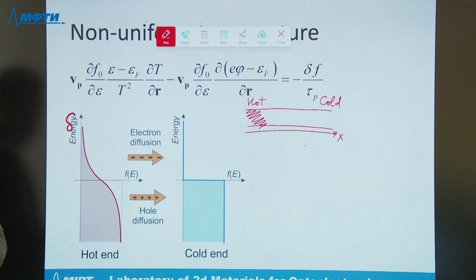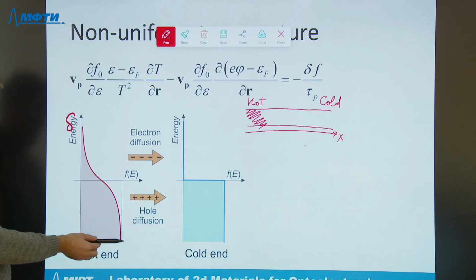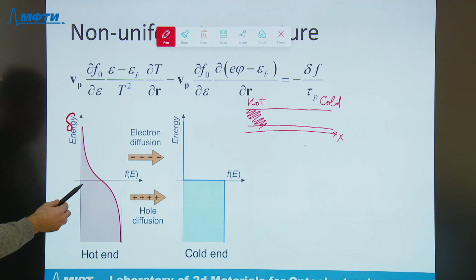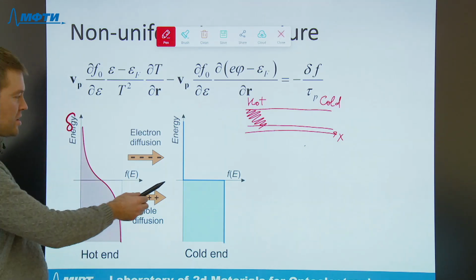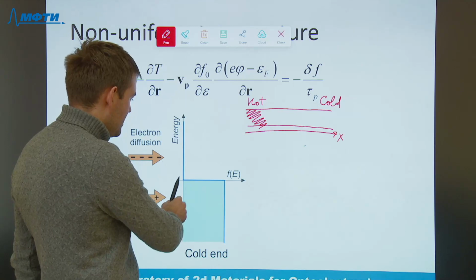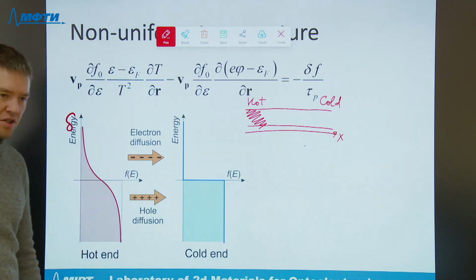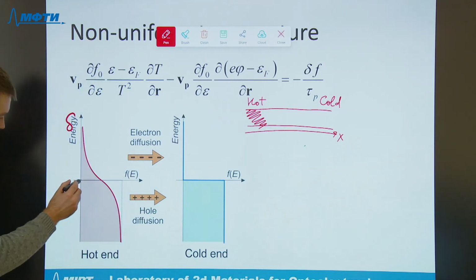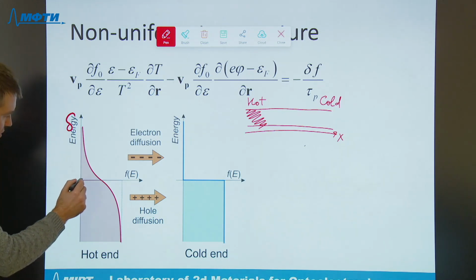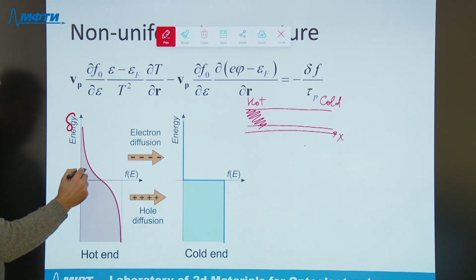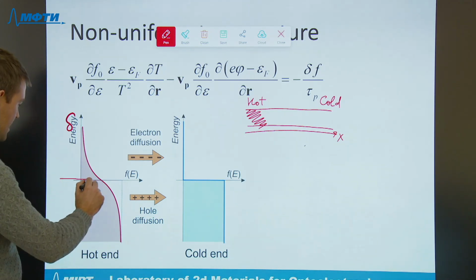as a flux in terms of distribution function. The distribution function at the hot end is a highly smeared Fermi function. The distribution function at the cold end is an abrupt Fermi function. Let us call the extra amount of charge carriers above the Fermi level electrons.